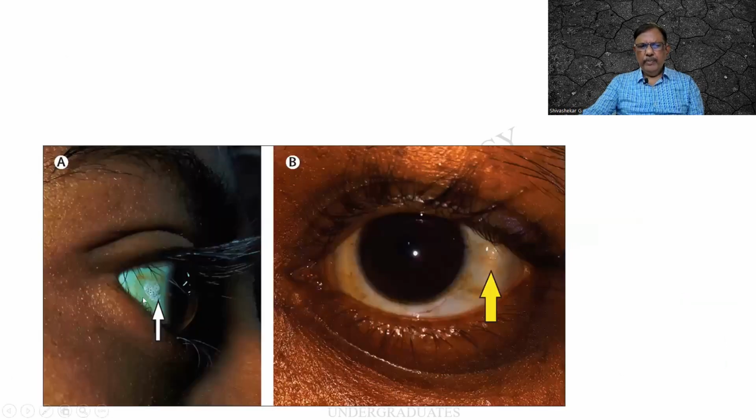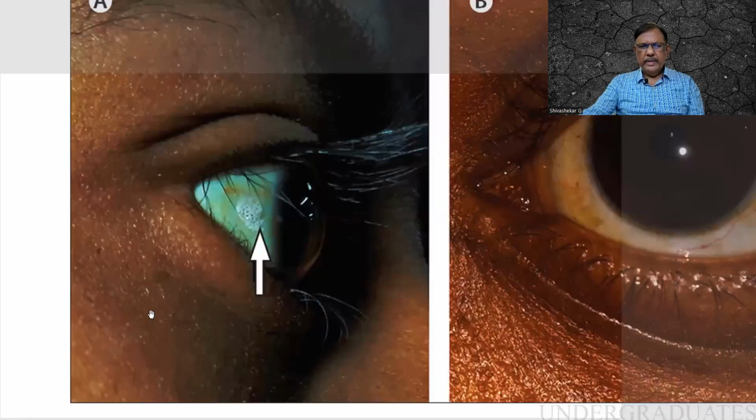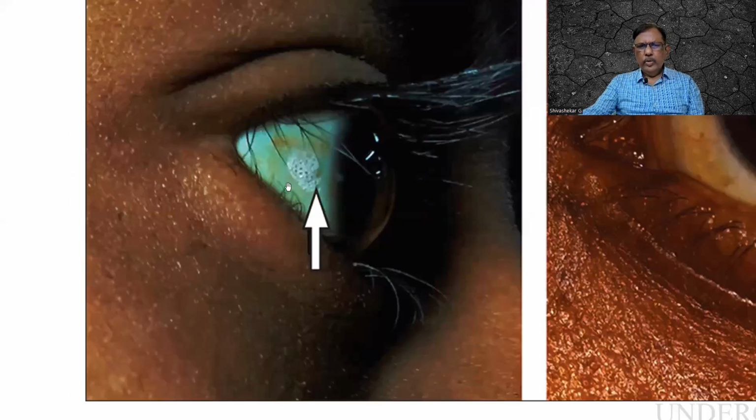Again, a beautiful picture. There is a granularity at the same time. If I observe carefully, there will be a foamy appearance that can be made out. Look at this one. It is described as a patchy and foamy appearance on the lateral side of the conjunctiva.